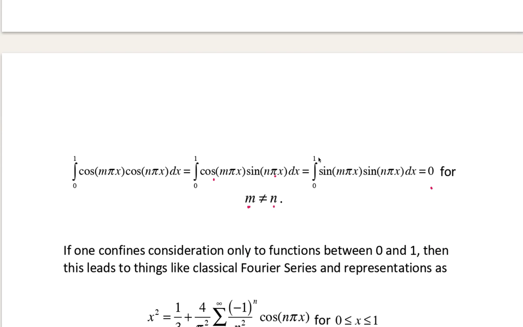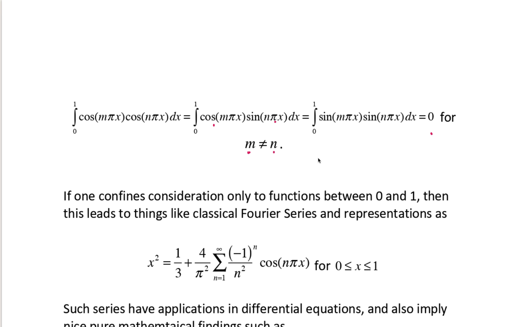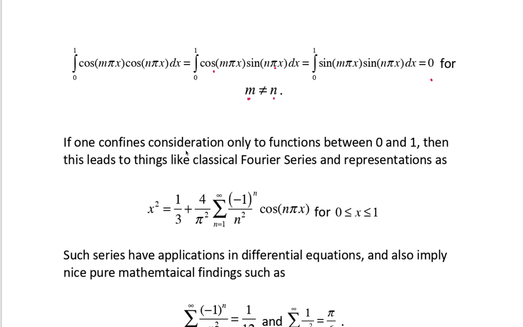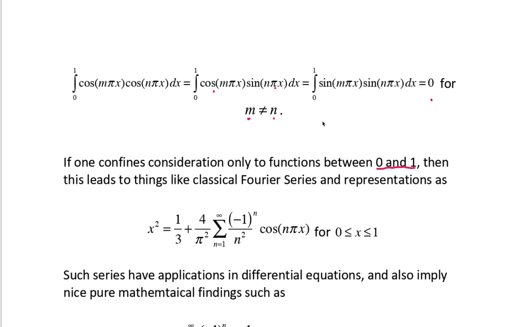Sounds goofy, huh? Well, it isn't. For example, remember in the beginning I said we don't necessarily take the whole real number line? If we confine ourselves only to functions between 0 and 1, so we're just interested in a function on a small interval, like from 0 to 1, then this leads to what are called classic Fourier series expansions.